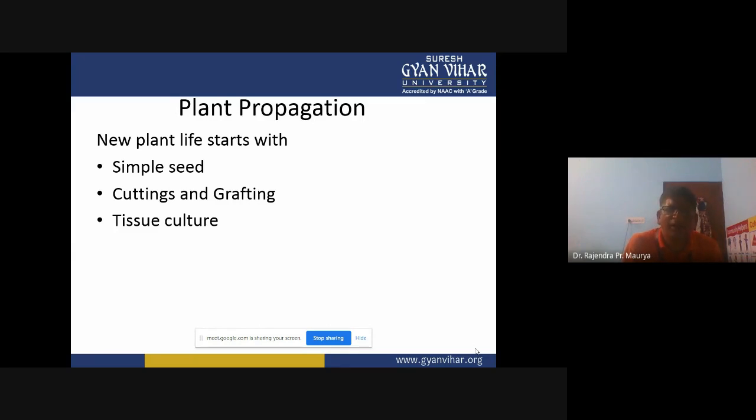Micropropagation: micro means very small.